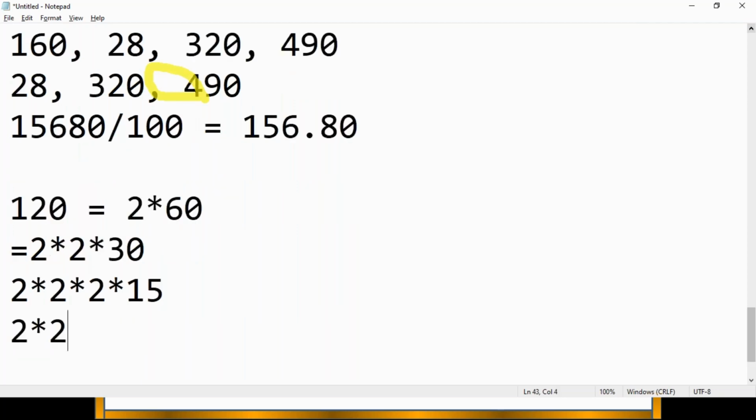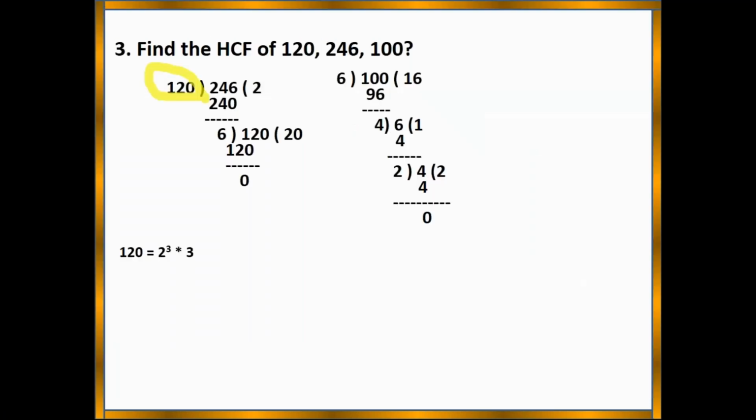So 2 into 2 into 2 into 15, and 15 means 3 into 5. So only one 5, 5 power 1, only one 3, 3 power 1. But here three 2s are there, 2 power 3 into 3 power 1 into 5 power 1.